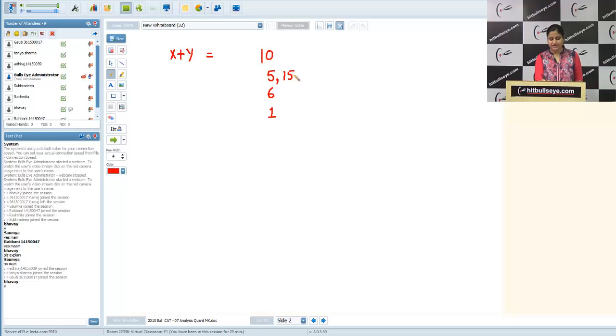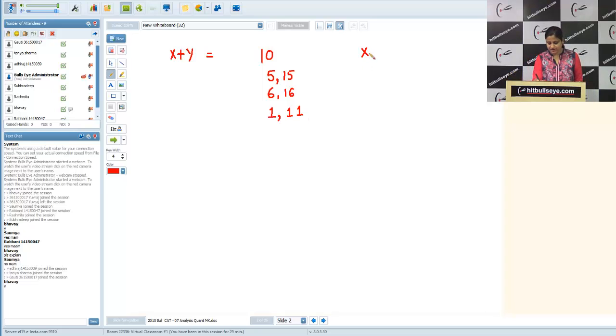It can be 15 as well. It cannot be 25 because the utmost value of x and y should be 9 always. For x plus y, the utmost value is 18. It can be 6, 16, 1, 11. So, whatever be the power of x plus y, we will get the same unit digit always. So, one condition is okay.